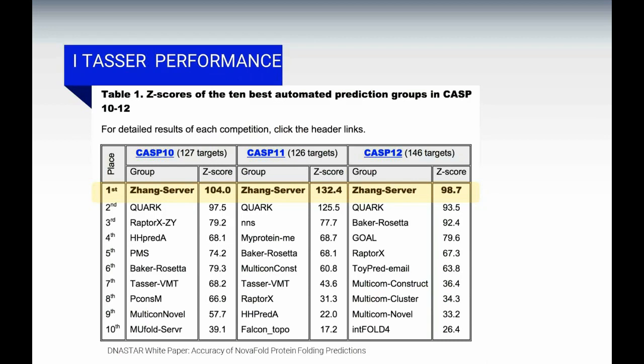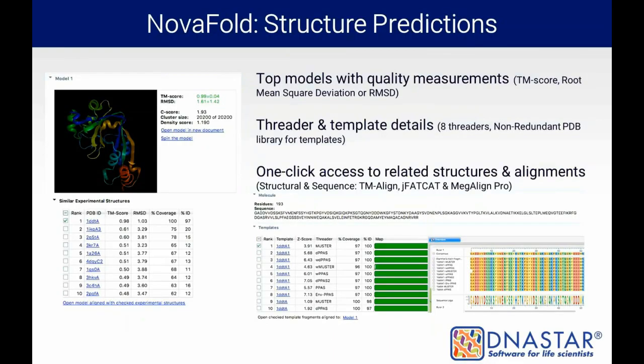The Z-scores that you're seeing are a significant score describing I-TASSER's performance compared to the rest of the field. There are a number of other algorithms that you may have seen as well, but I-TASSER is a very strong and robust algorithm that works for a very large array of problems.